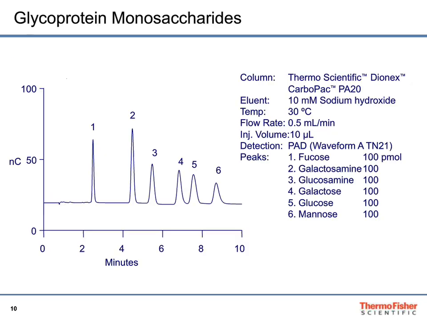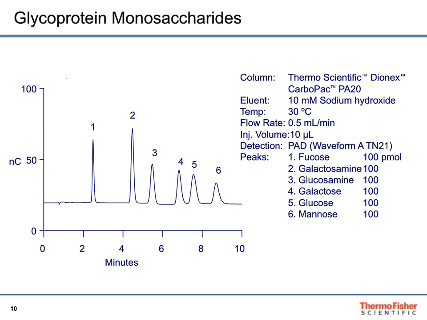Now, this shows an example of monosaccharide analysis to show the principles of HPAE-PAD. First of all, we're using a high-performance anion-exchange column, in this case, the CarboPac PA20 column. I'm going to talk a little about the CarboPac column construction and how that's important a bit later. But suffice it to say, this is a high-performance anion-exchange column.